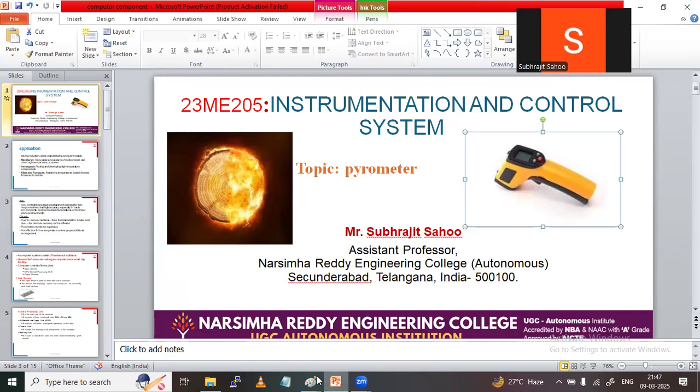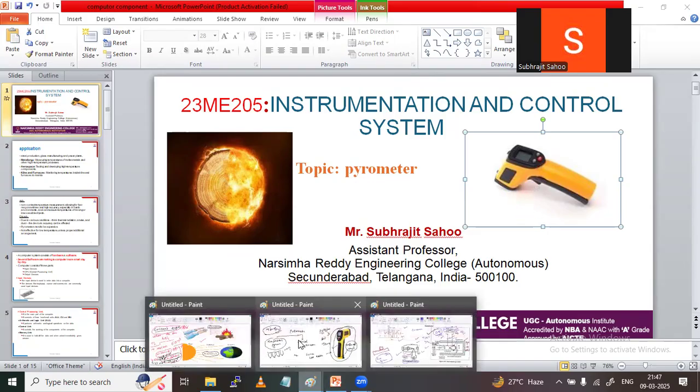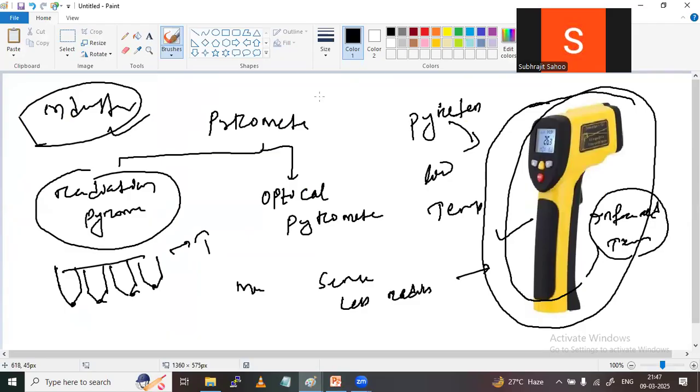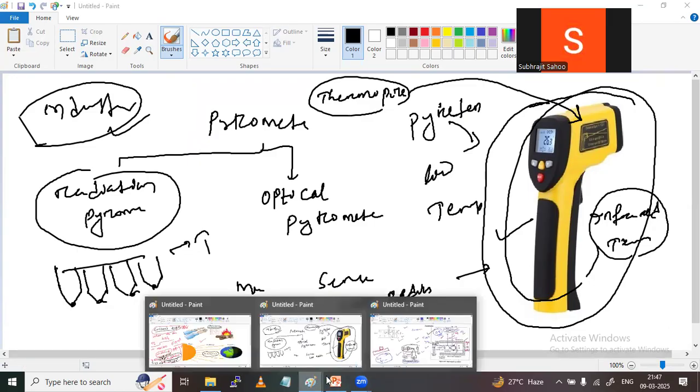And this series of thermocouples is called thermopiles, right? So thermopiles are used inside this device so that it can measure low temperature or body temperatures, right?